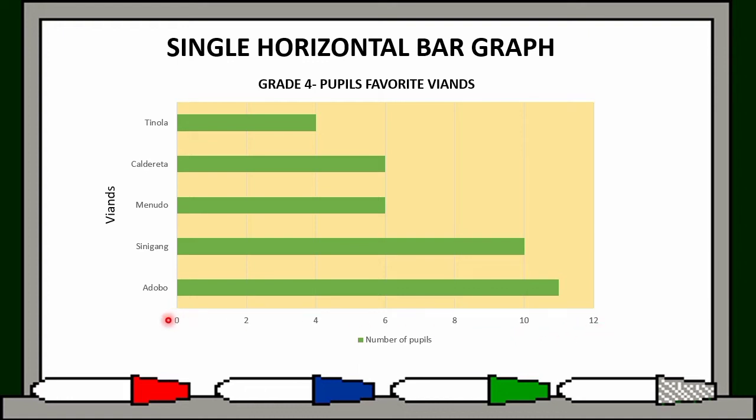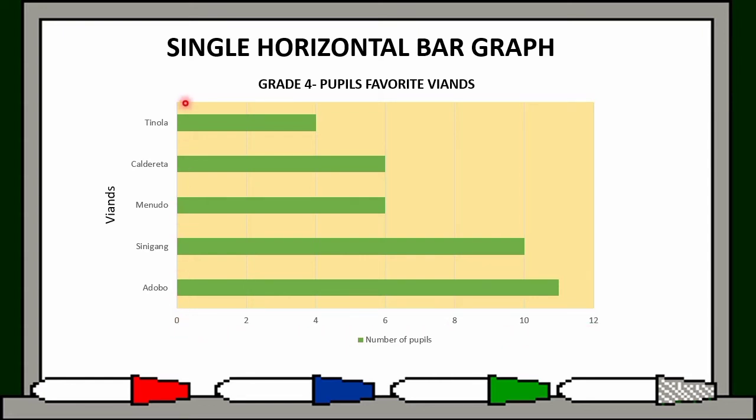Pero kung ayaw mo naman ng masyadong mahaba, kasi, let's say, for example, 35 pupils sila, instead of numbering it 1, 2, 3, 4, 5, 6, up to 35, so you can do the skip counting by 2, or it depends dun sa highest number. So, on our example, ginamit natin is skip counting by 2. Okay? Yung first number is 0, and then 2, 4, 6, 8, 10, 12.